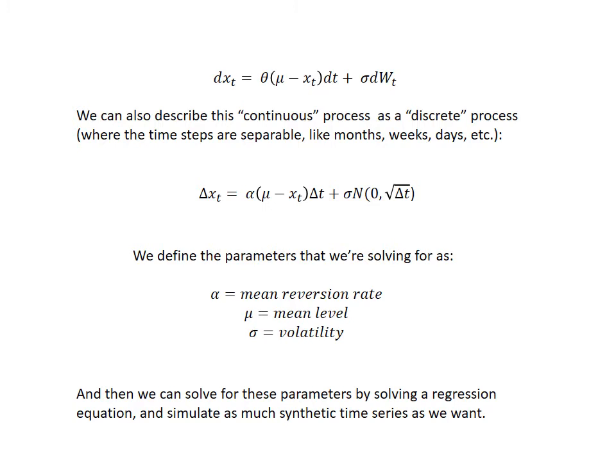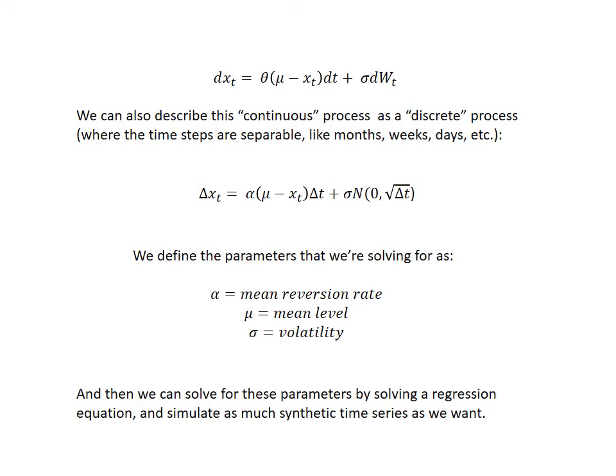Some processes can be very sensitive to being above the mean, and some may take a longer time to drop back down towards the mean if they're really high. And that's what this alpha mean reversion rate refers to. Mu, again, is the long-term equilibrium level that we're talking about. And so that's the drift process.